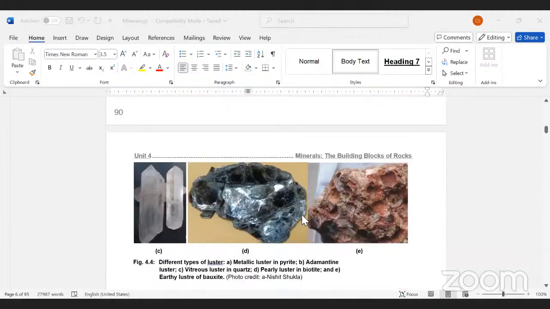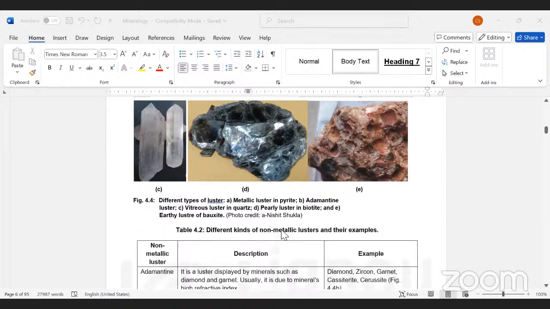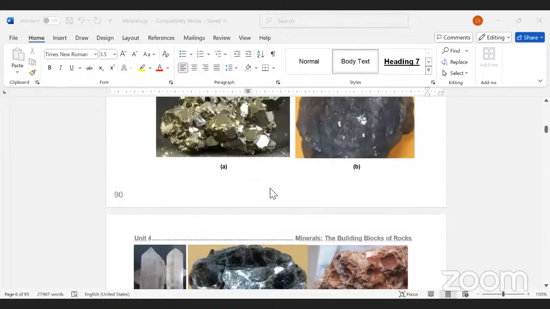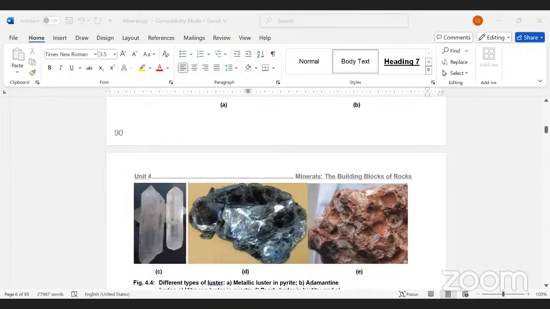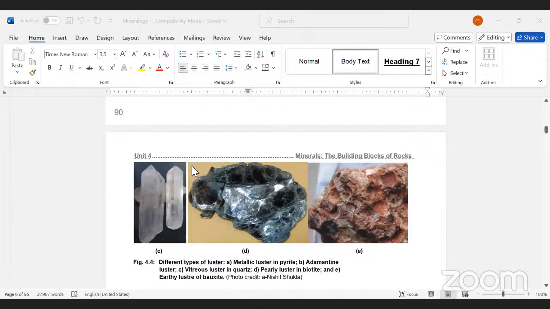Then we will call it non-metallic luster. And here you see A, B, C, D, E. Just keep in your mind. A is almost gold in color. That is actually pyrite. Second one is adamantine luster. Third one, you see here, is quartz. It is vitreous luster.